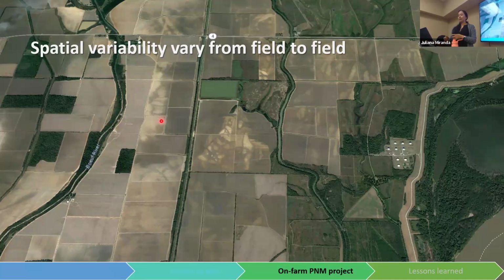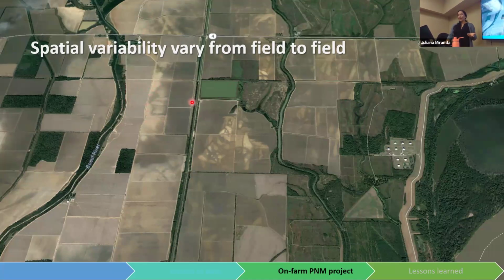Another thing that I realized during this project is that the spatial variability varies from field to field. Even fields that are next to each other, one field can be uniform and the other field cannot be uniform.